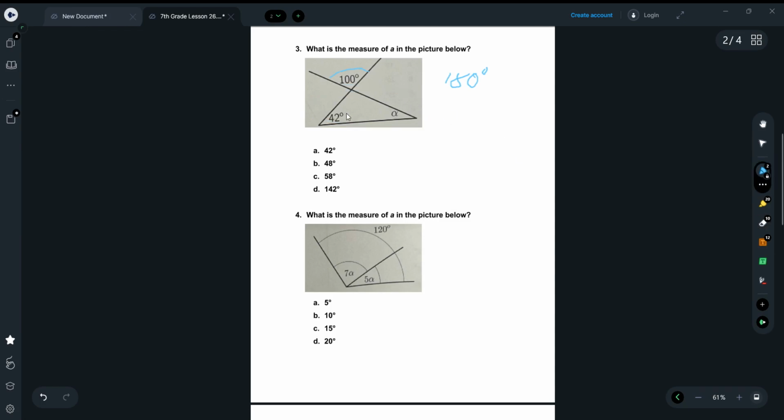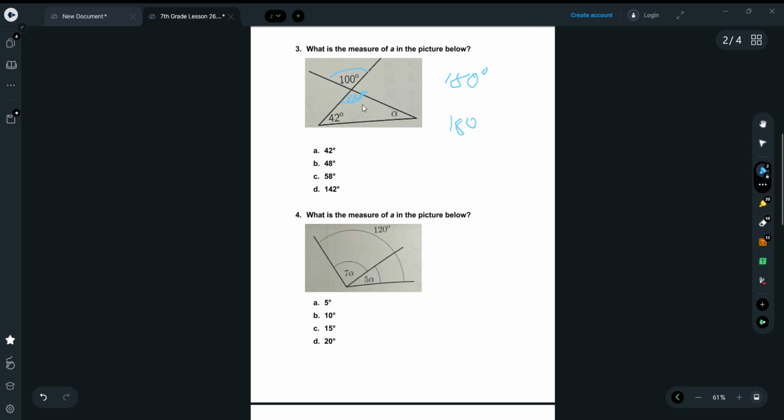This 100 degrees right here and this unknown angle right here, those are vertical angles. So if this is 100, then this has to also be 100. It doesn't matter what type of triangle, it could be isosceles, obtuse, or acute. All triangles, all their angles add up to 180.